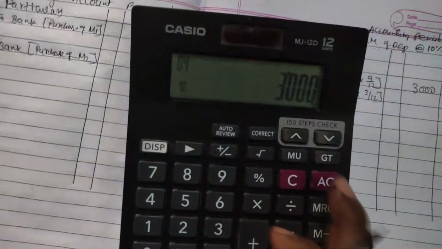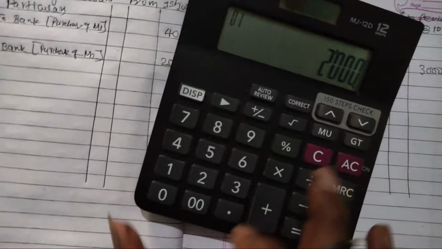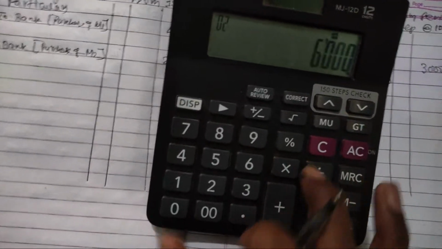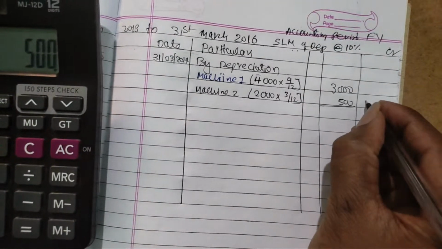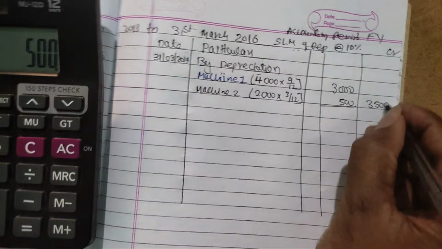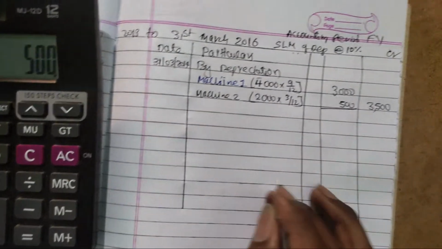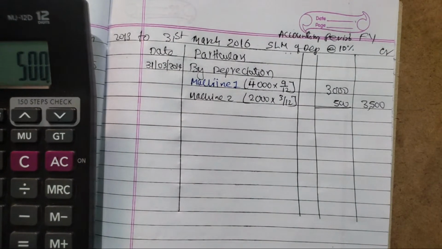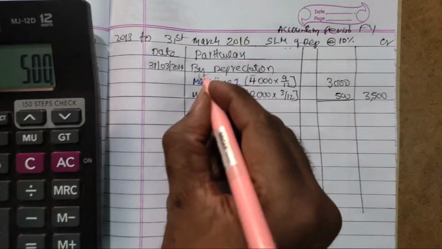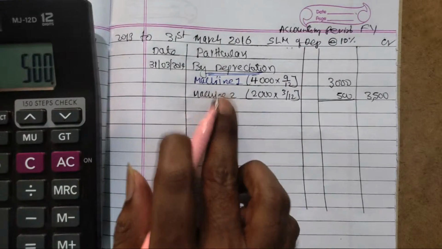So write here 2,000 into 3 divided by 12, 500. So total depreciation is 3,500. How much? 3,500. Hope you are understanding what I am doing. See, by depreciation we wrote, and in this two are there, machine 1, machine 2.